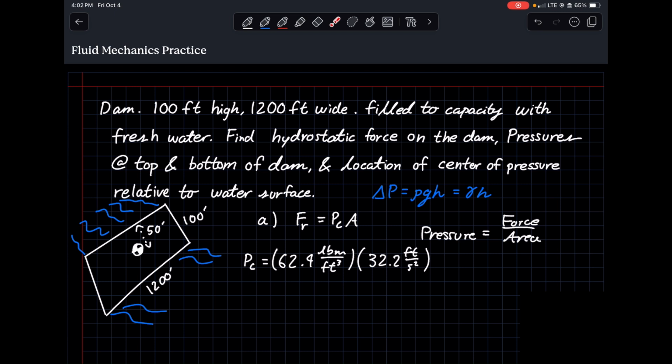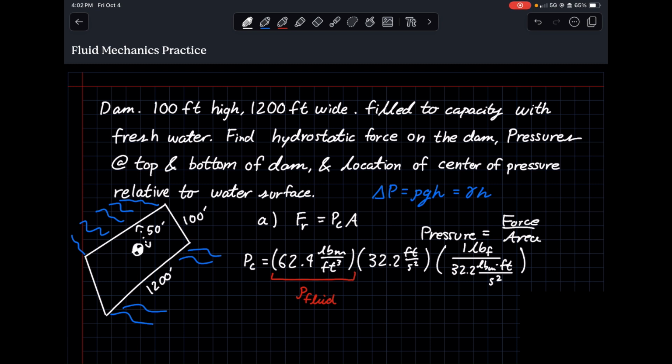We want to convert this into some sort of force. And remember, right here, this is our density of the fluid. So how we convert rho g into gamma in the English system is we simply say that there's 1 pound force for every 32.2 pound mass times feet per second squared.